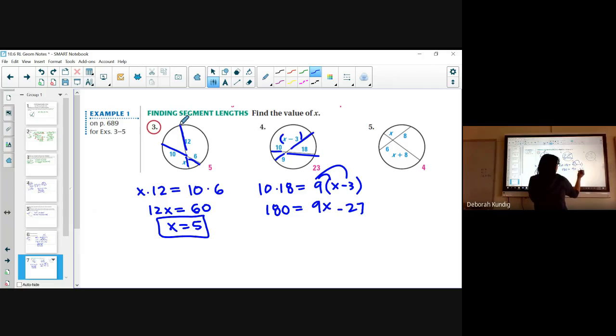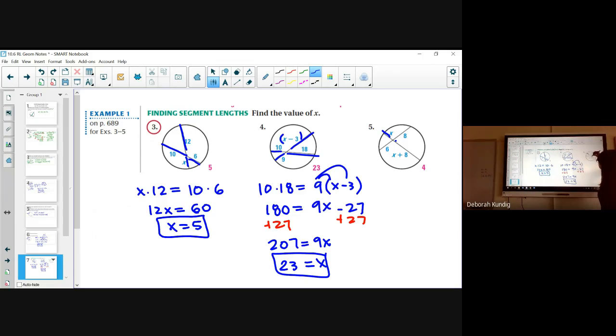So first, hold on. I'm going to add 27 to both sides. I did that wrong. So 180 plus 27 is 207. And dividing both sides by 9 is 23.